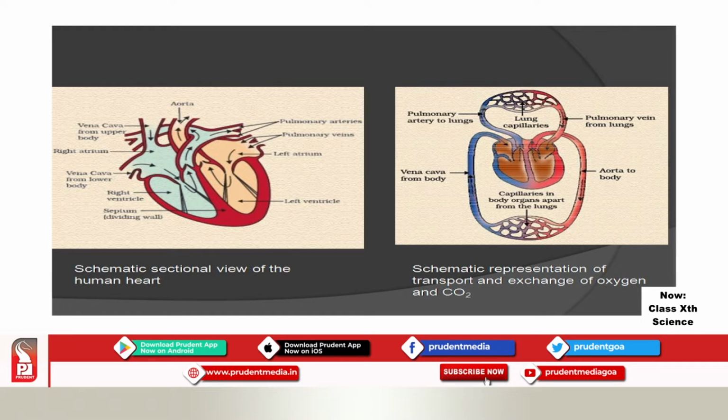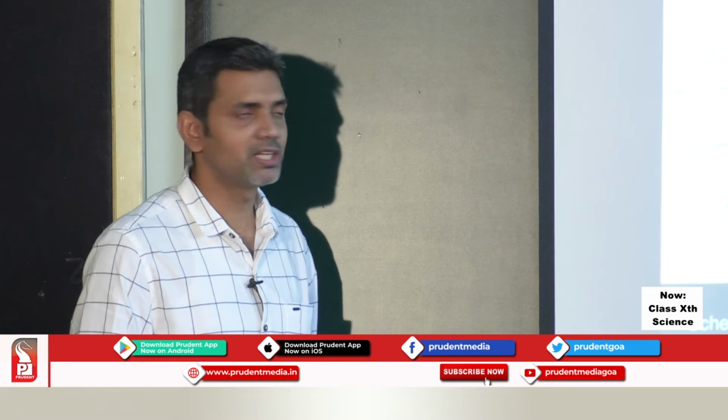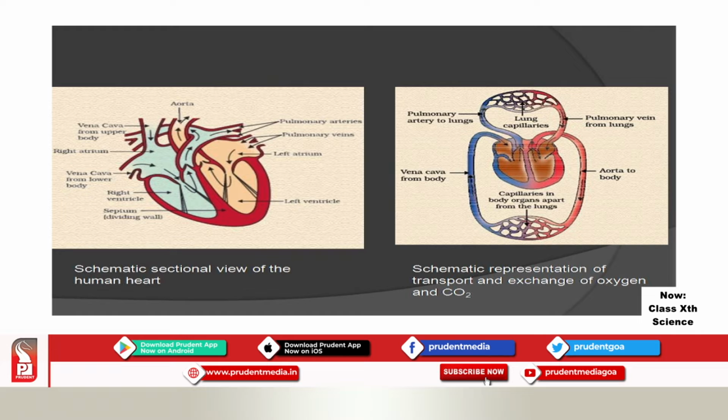And when blood comes out of the heart, it comes out with high pressure. Now, the left side of the heart consists of pure blood, the right side of the heart carries impure blood. I think I have told this earlier.